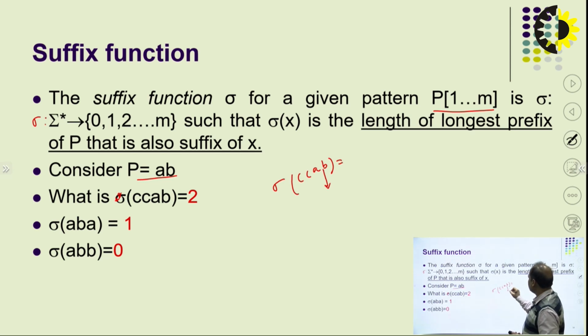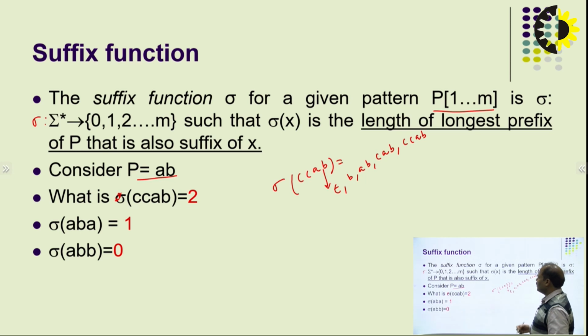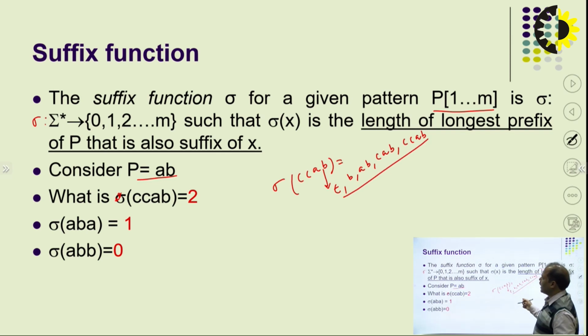How many suffixes can this have? It can have epsilon, B, AB, and then CAB, and then CCAB. So it is very easy to see which of these suffixes is actually a prefix of pattern P.